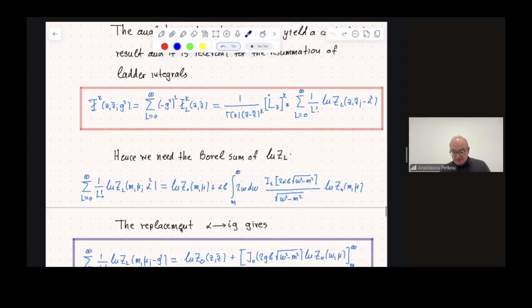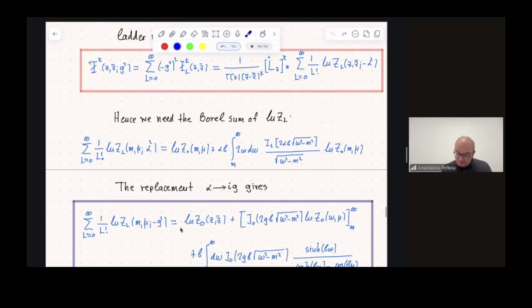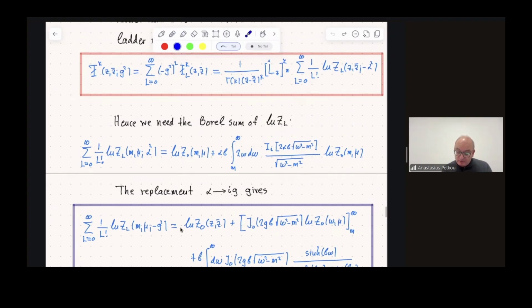This can be done, and it leads to a very nice result. And this I here is a Bessel function. So we can do the integral, we can do the summation, and it involves a Bessel function instead of an exponential.